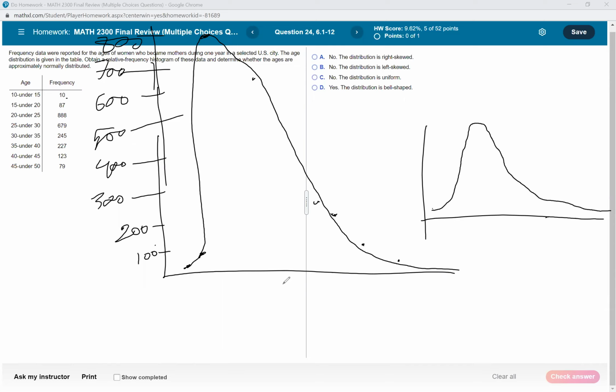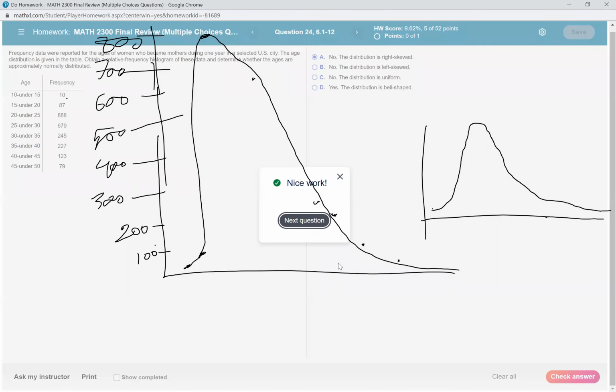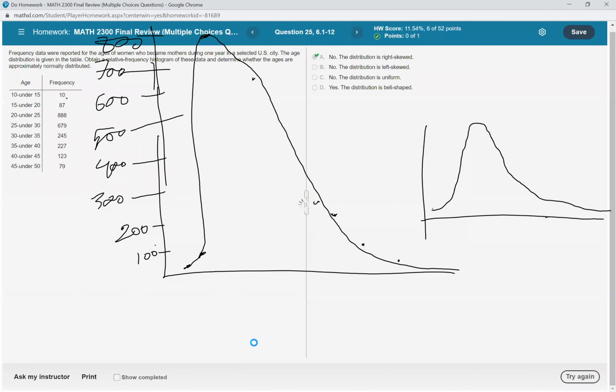This is right skewed, because we have a long tail on the right side. So the answer is no, the distribution is right skewed. Yes, this is the correct answer.